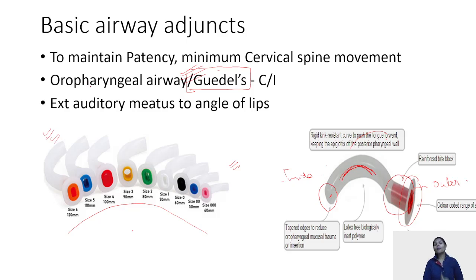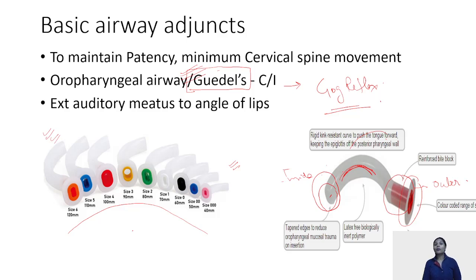One more very important, not actually contraindication, but disadvantage of the use of this airway is gag reflex. Whenever you introduce this airway, there would be a gag reflex because of the touch of this part of the airway over the posterior pharyngeal wall.